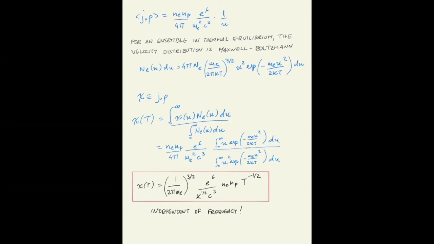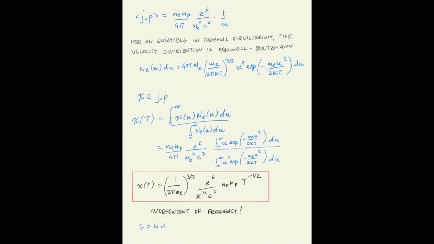the number density of the protons, and the temperature. Now, in light of quantum physics, this result cannot be correct, because we know that the photon energy is proportional to the frequency. If you throw in here that the energy is proportional to the frequency, and the electrons are emitting at all frequencies, that means that you can have an electron of infinite frequency, which would mean infinite energy, and that is preposterous.